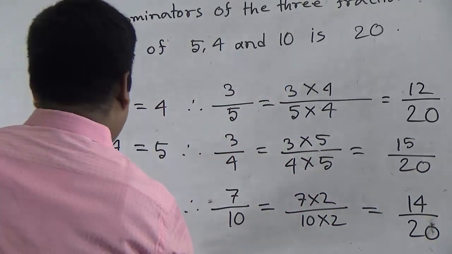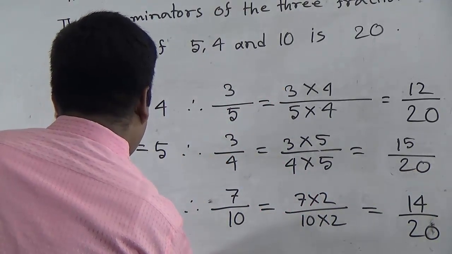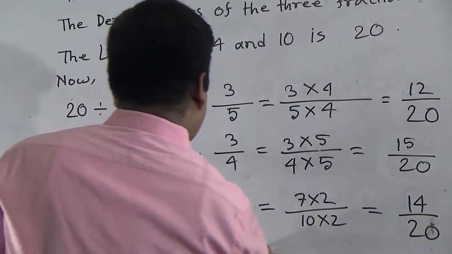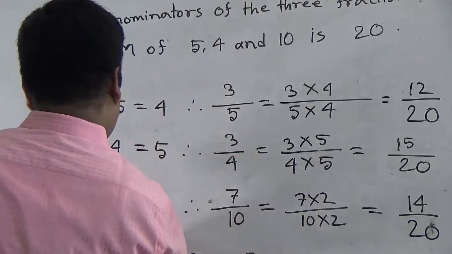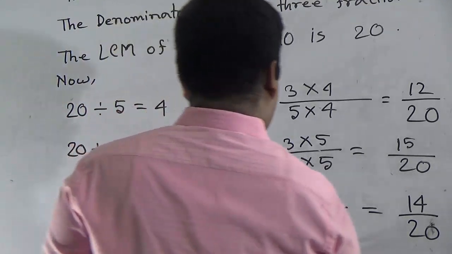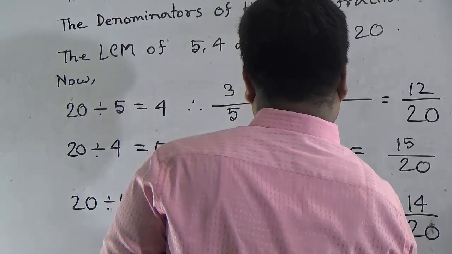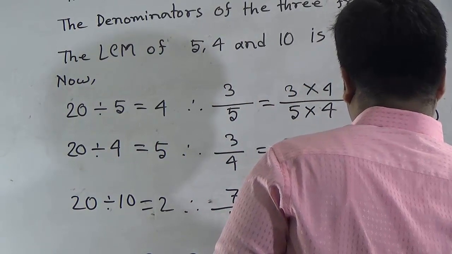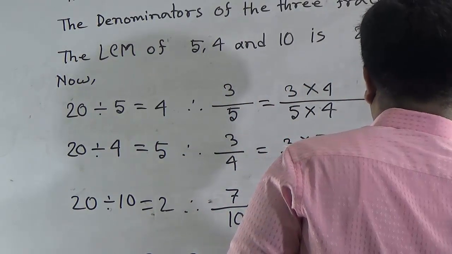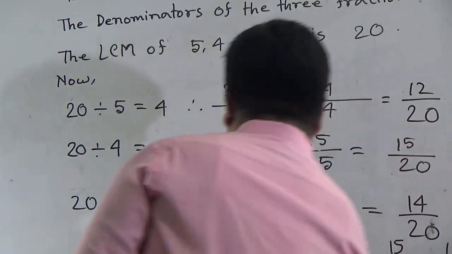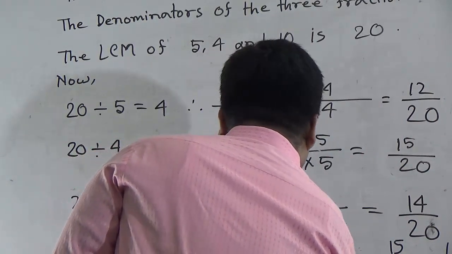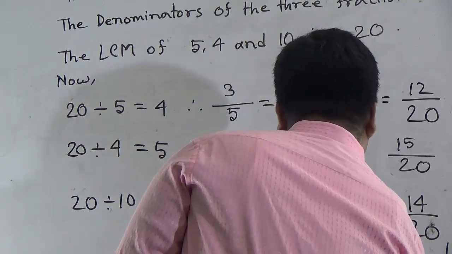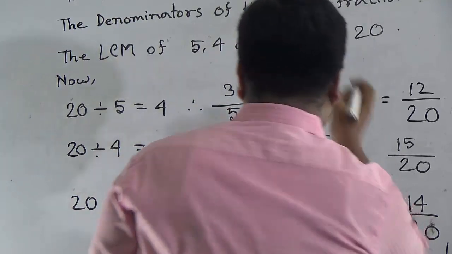Therefore the fractions 3 by 5, 3 by 4 and 7 by 10 become 12 by 20, 15 by 20, 14 by 20.